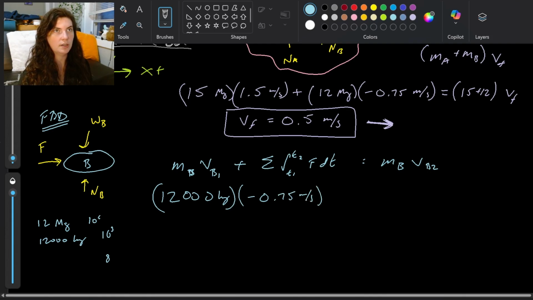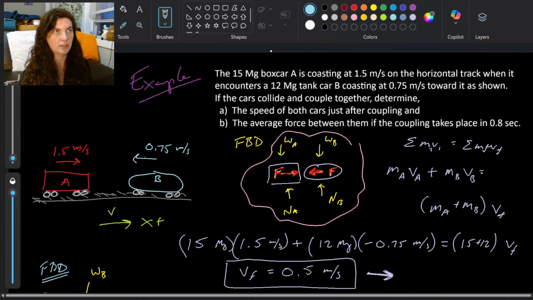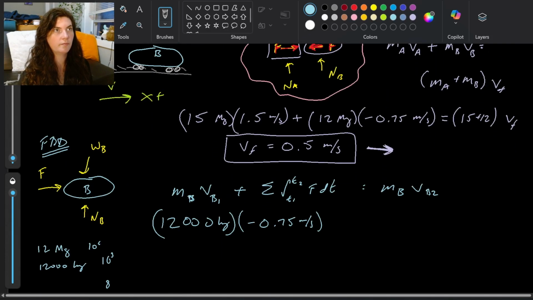That was given to us at the very beginning of this problem. Plus our impulsive force, F. We'll notice F is in the positive x direction, so that's a positive F dt. We're finding an average force, so we're just going to assume that this force is constant over that instant of the 0.8 seconds that this collision is occurring.